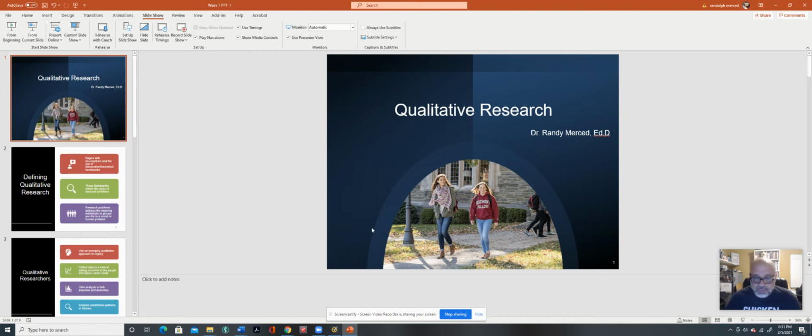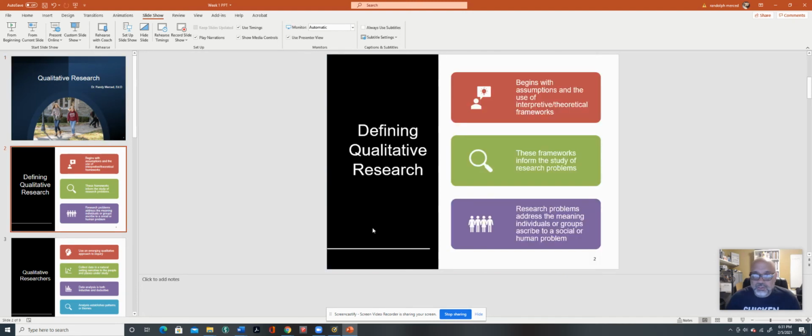Okay. So the first slide talks about defining qualitative research. And it really begins with the assumption of using interpretive and theoretical frameworks. And what that means is it's not looking at things that can be data driven or numbers driven.